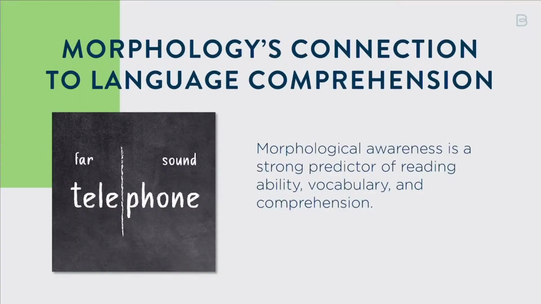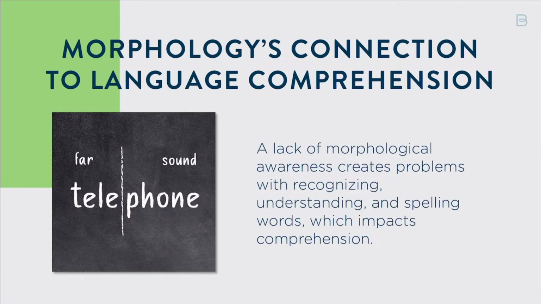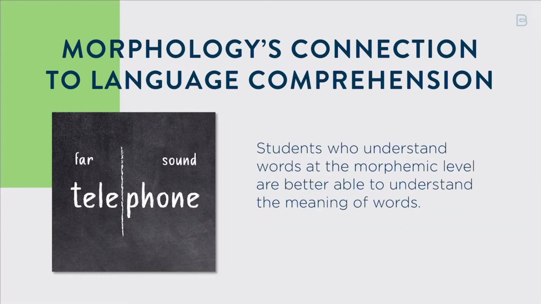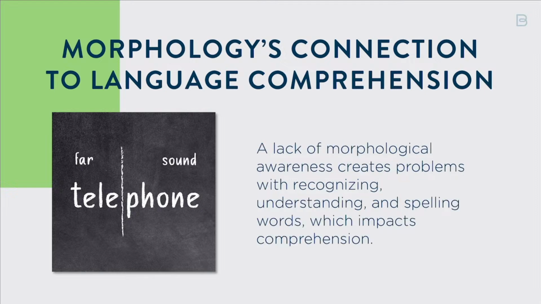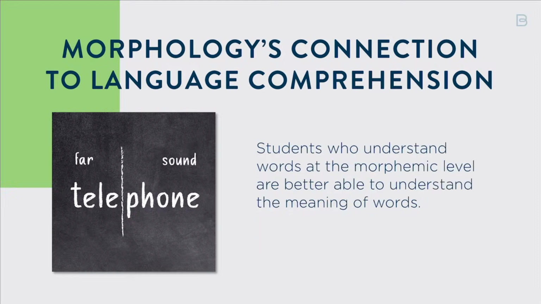When we are teaching using morphology, morphological awareness is a strong predictor of reading ability, vocabulary, and comprehension. A lack of morphological awareness creates problems with recognizing, understanding, and spelling words, which impacts comprehension. Students who understand words at the morphemic level are better able to understand the meanings of words.